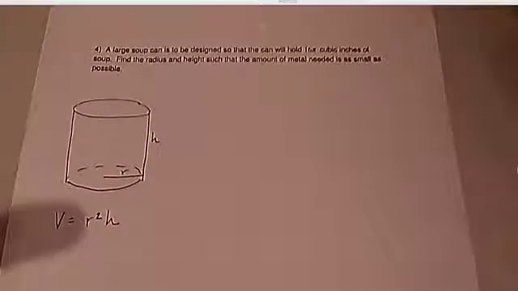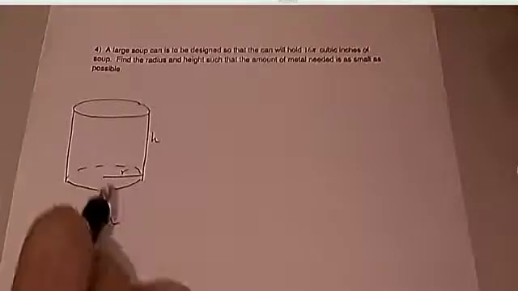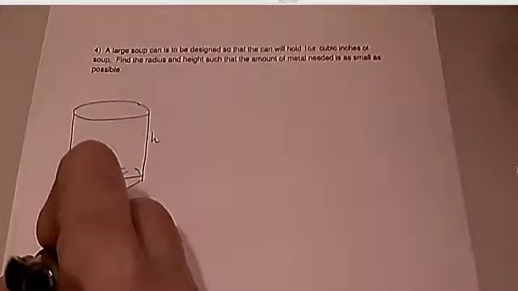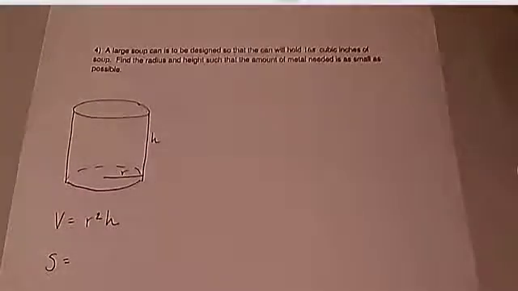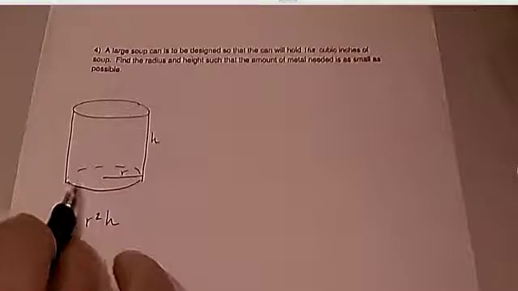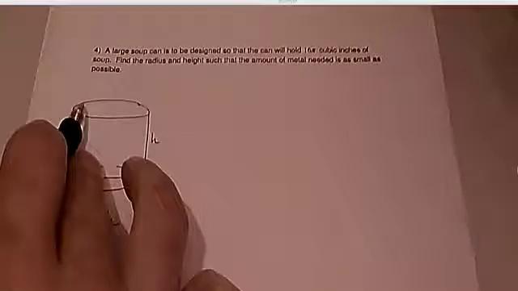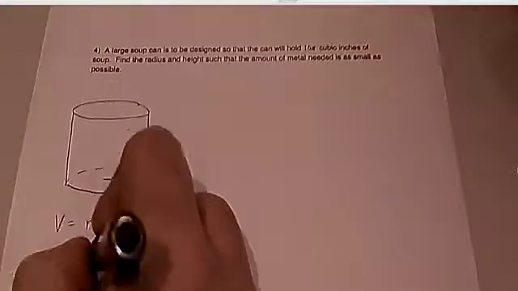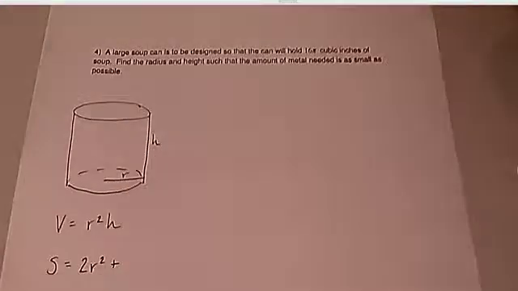Because it's just a rectangular prism, so it's the area of the base times the height, okay? Now we know that the surface area of a cylinder is going to be pi R squared, which is the area of the bottom, plus pi R squared, which is the area of the top, okay? So the area of the top and the area of the bottom is 2 pi R squared.